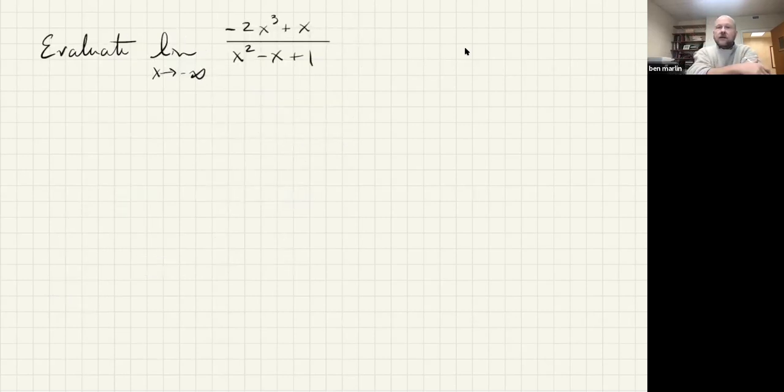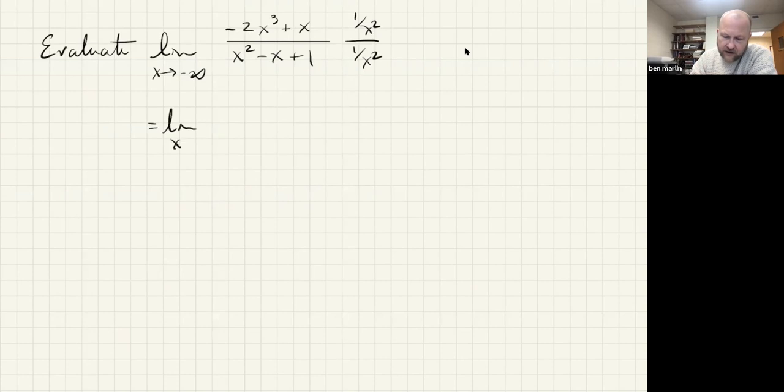All right, so here's a similar sort of problem. And this time the degree of the numerator and denominator are not the same. So you can't just divide lead coefficients. On the top and the bottom, you have to divide both of them by x squared because that's the largest degree on the bottom.